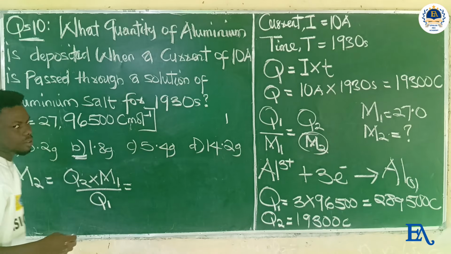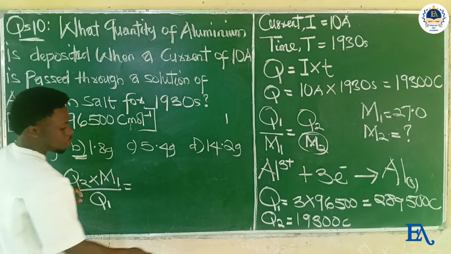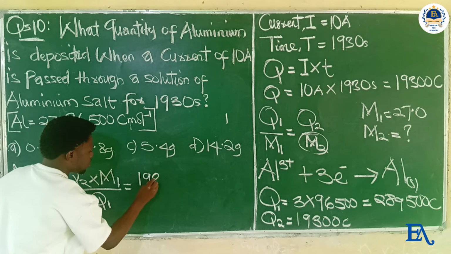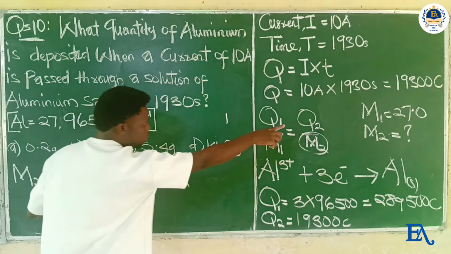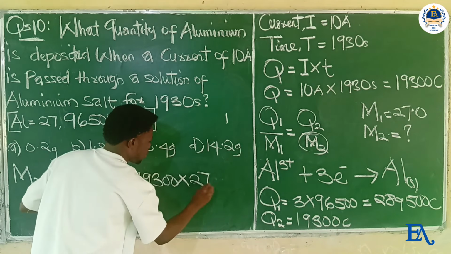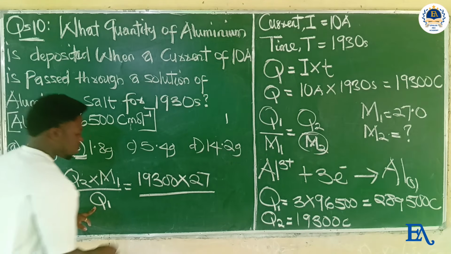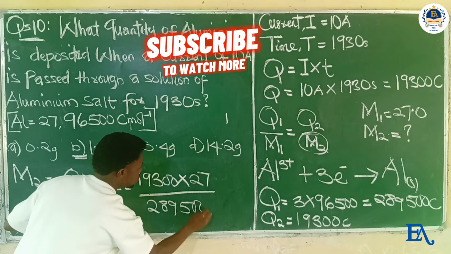So let's substitute the values. Q2 is equal to 19300 times M1, and M1 is 27, divided by Q1, and Q1 is given as 289,500.